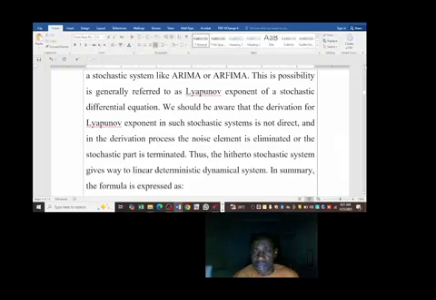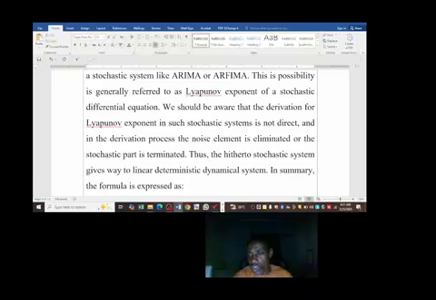However, in deriving the Lyapunov exponent from a stochastic system such as ARMA or ARIMA, the noise element is eliminated. The stochastic part is eliminated. Therefore, the hitherto stochastic system gives way to a linear deterministic dynamical system.